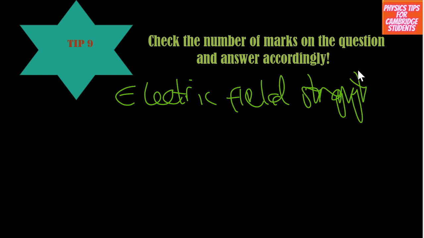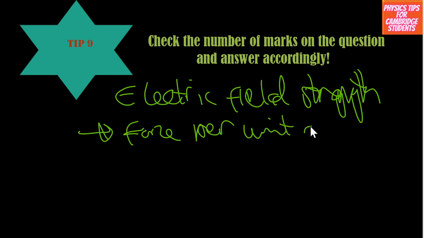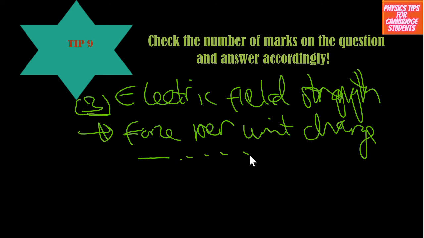And then you just say it's the force per unit charge. This question, if it's carrying 2 marks, you get only 1 mark. Why? Because you've got to state that this is on a stationary positive point charge placed at that point.